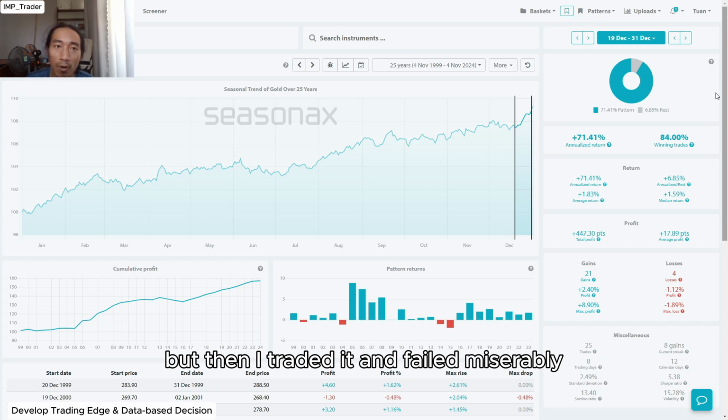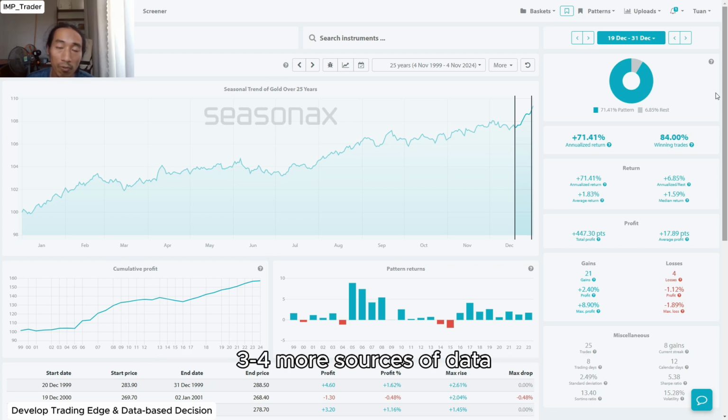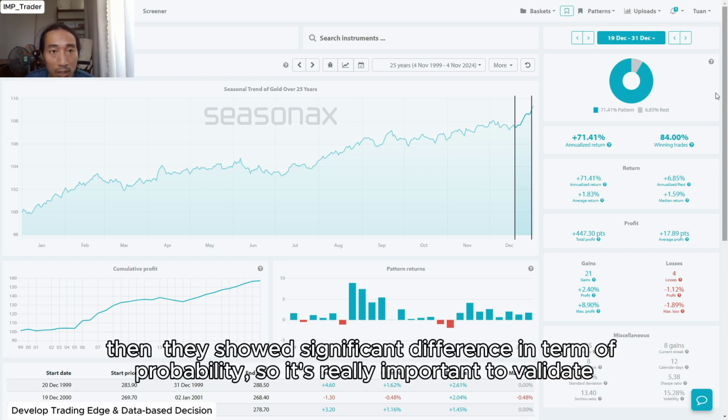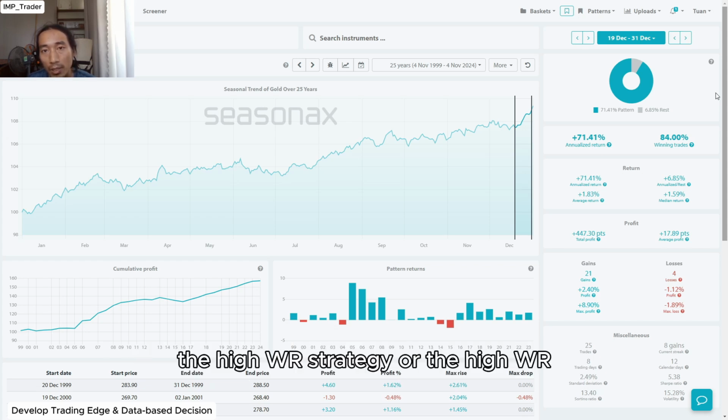Then I looked into another three or four sources of data and they showed significant differences in the probability. So it's really important to validate a high win rate strategy or high win rate statistical edge.